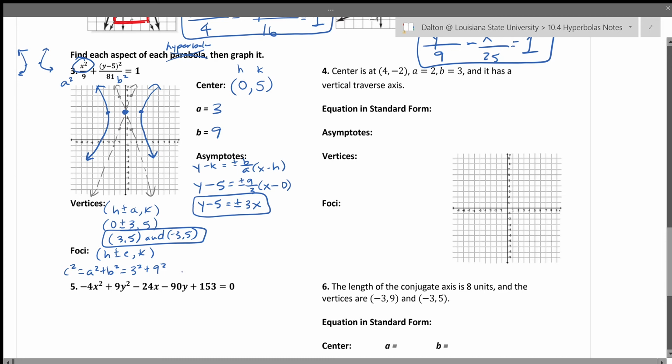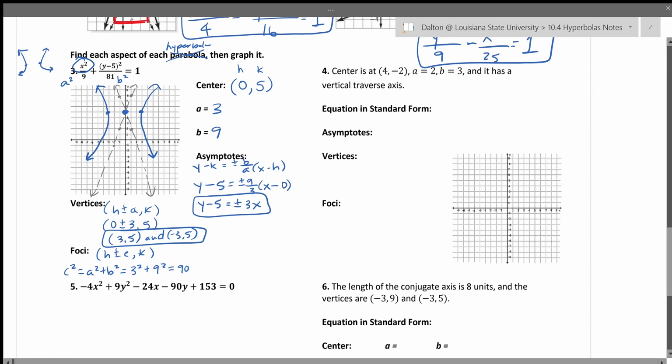I feel like I did this wrong. Oh yeah, I totally did it wrong on my notes that I wrote earlier. All right. Anyway, 3 squared plus 9 squared will be 9 plus 81, which is going to be 90.